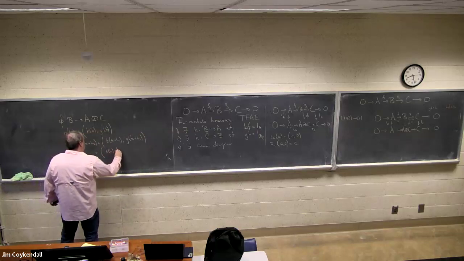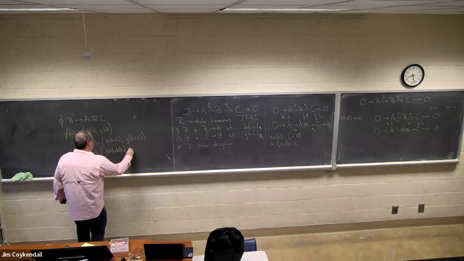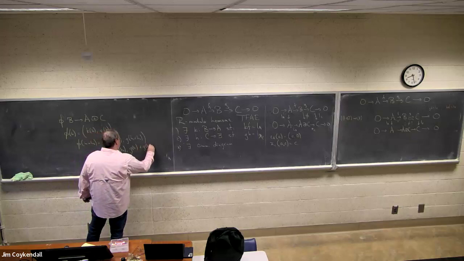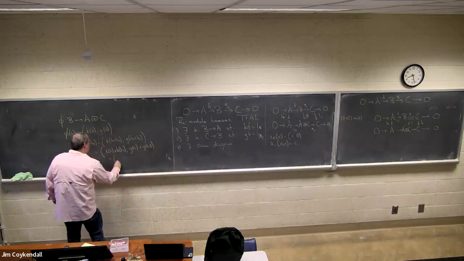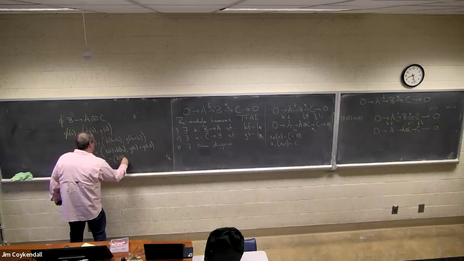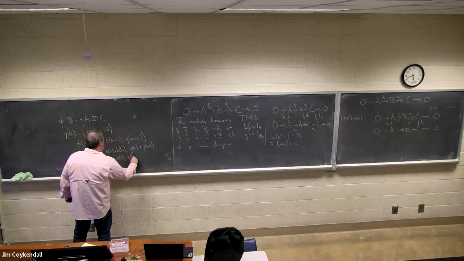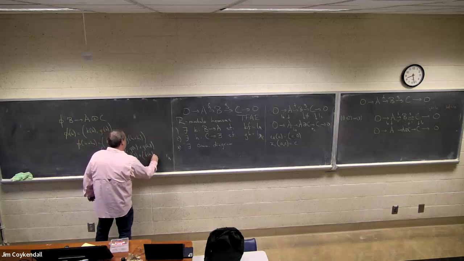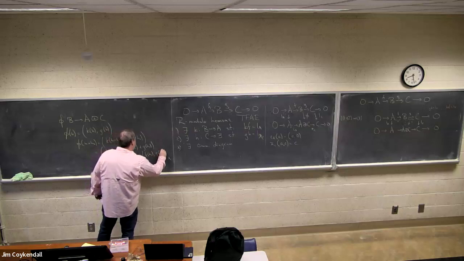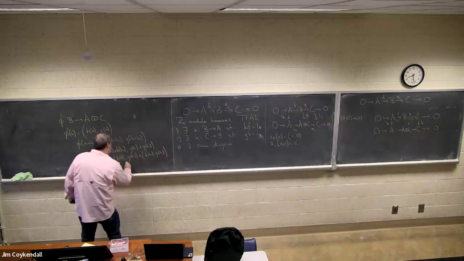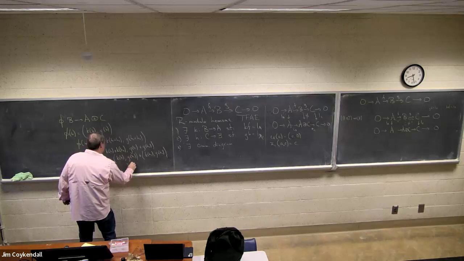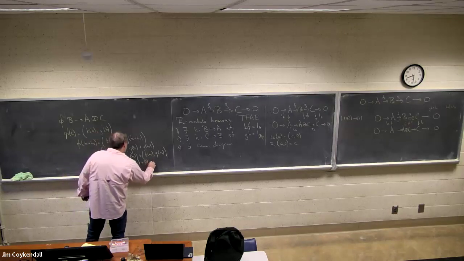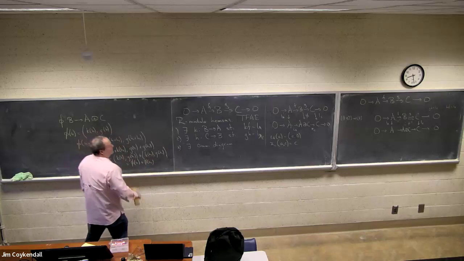One, two, one, two, equals one, one, plus KV2, right, which is C1, C2, and there you go.